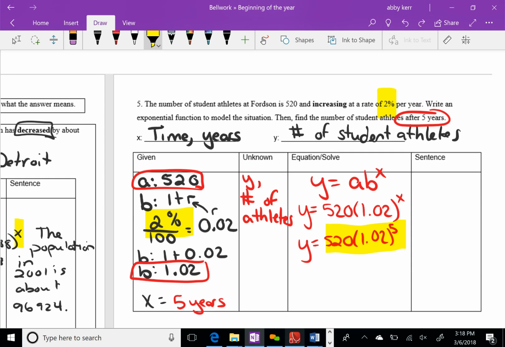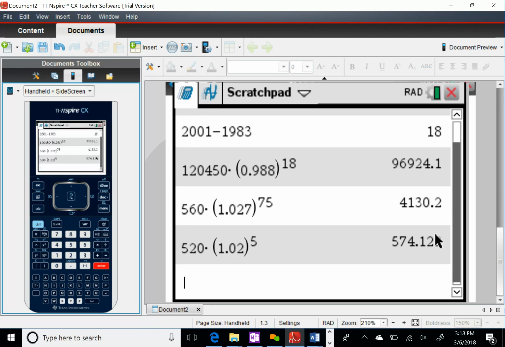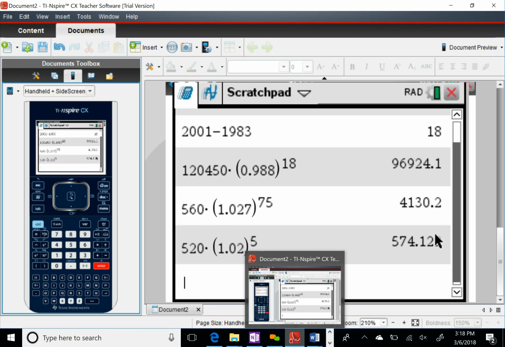So you're going to put 520 students times the B value, the growth value. So 1.02 after 5 years. So you're going to get about 574 students.